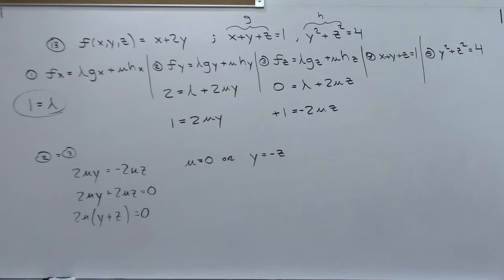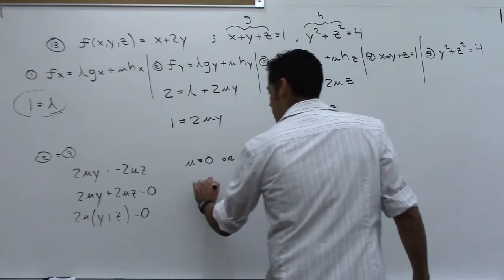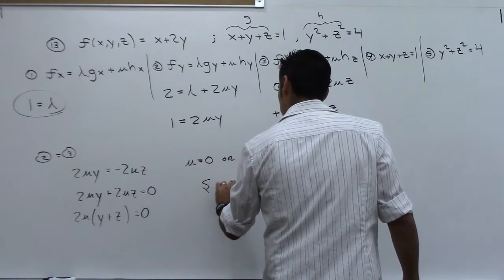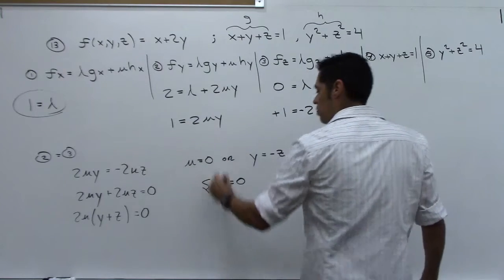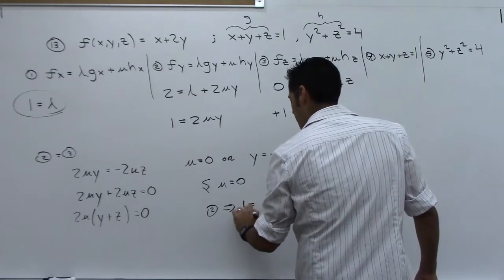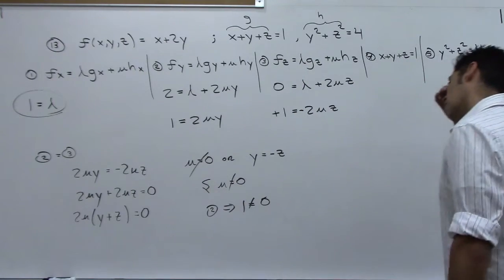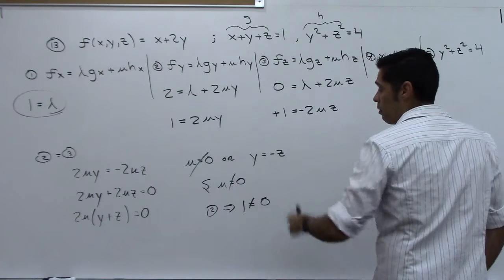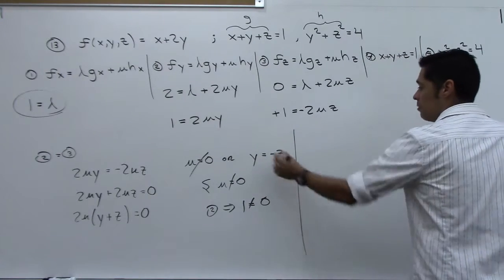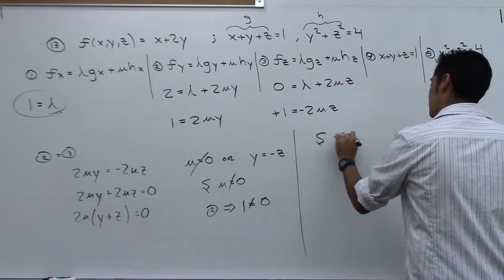All right, so let's take a look at these. What happens if mu is 0? Suppose mu is 0. Then look at equation 2. Equation 2 implies that 1 would be equal to 0. That's not true, so that can't be true. So that means the only way this is all going to work out is if y is equal to negative z. So let's assume that. Suppose y is equal to negative z.